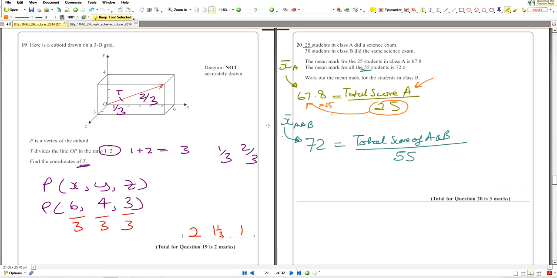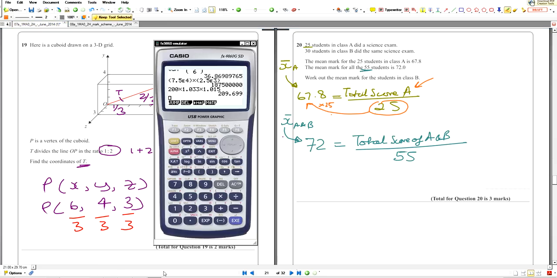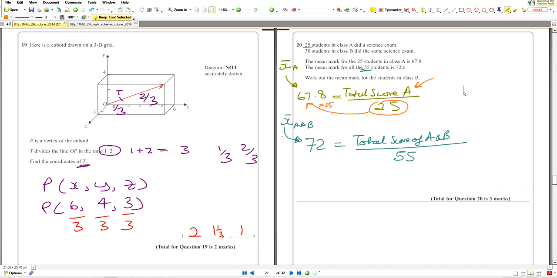Can you do 67.8 multiplied by 25? About 1695. Folks, are we doing that on the calculator? I'll double check that for you. So this total score will give us 1695. Okay, 1695. Thank you.